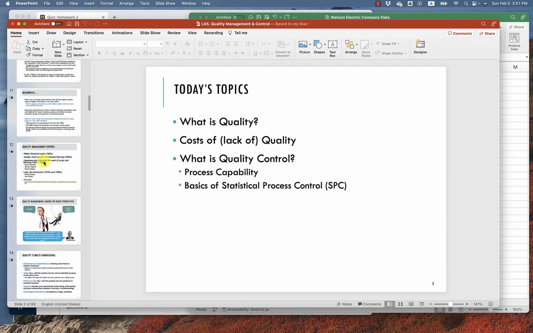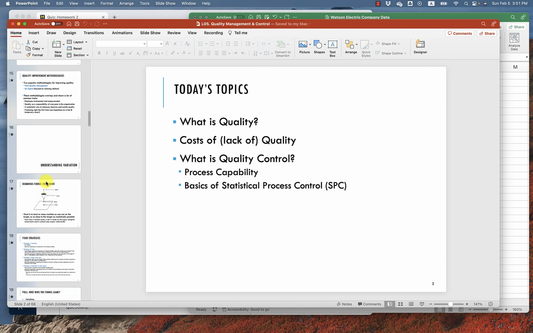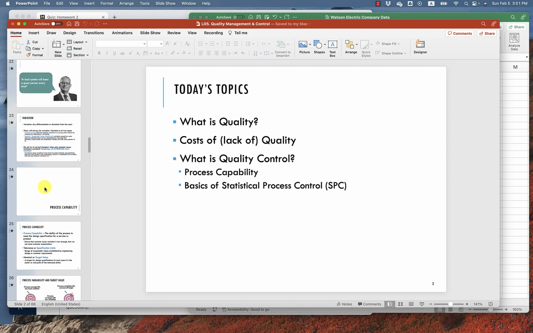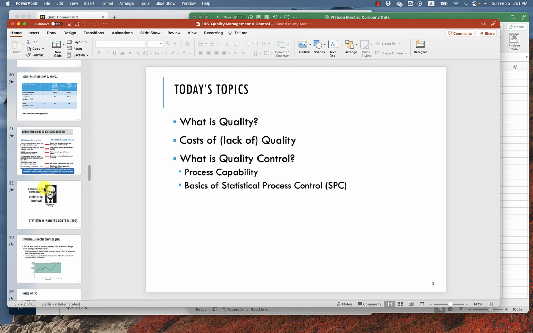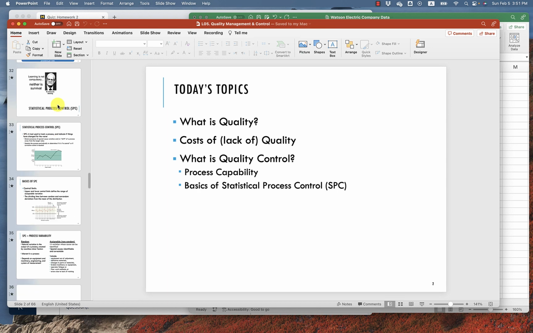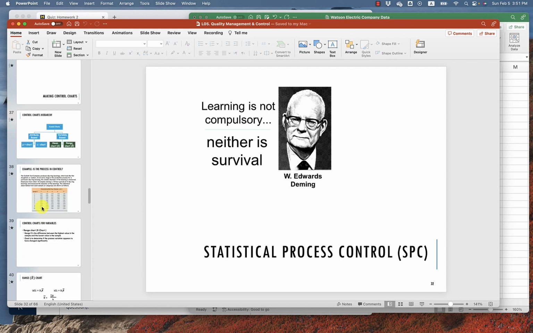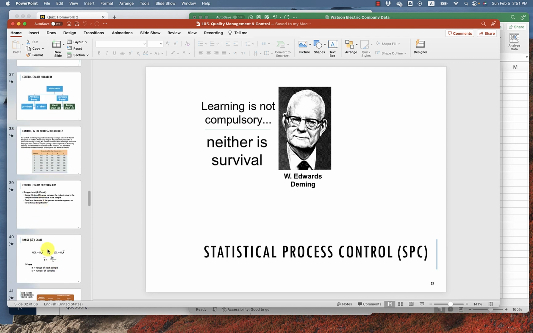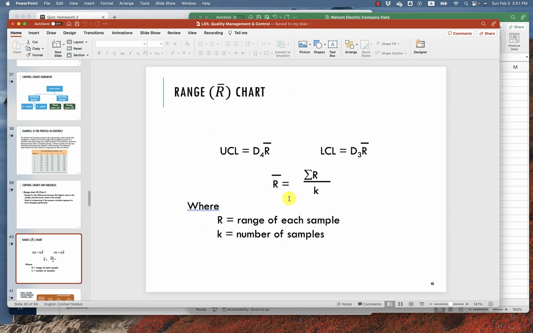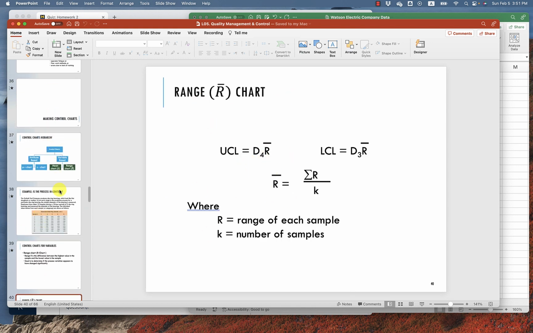We scroll down until we find the X bar R charts, which are after process capability, which are right here in this section on statistical process control. Okay. And here is the formula for the range chart.